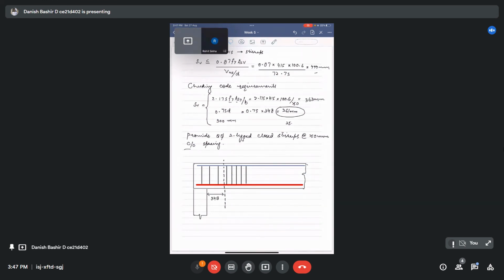So if I write, provide this 8 mm, 5 to length, at the rate of 250 mm center to center.